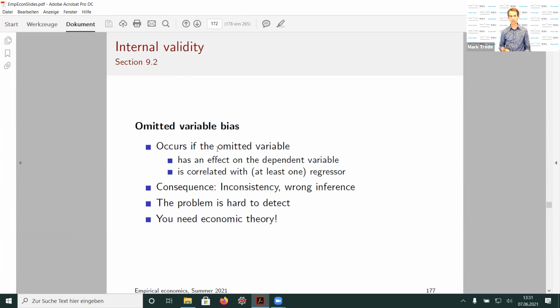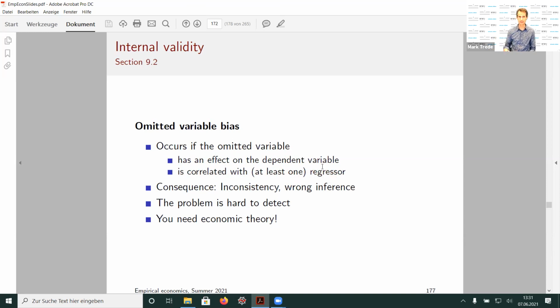So the omitted variable bias, we've already seen that. It occurs if there's a confounding factor, an omitted variable, with 2 properties. The first one is the omitted variable does have an effect on the dependent variable. So it's omitted, but it would cause an effect on the y variable. And second, it's also correlated with at least one of the regressors.